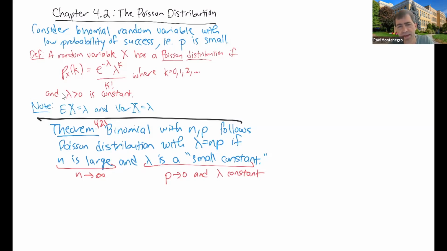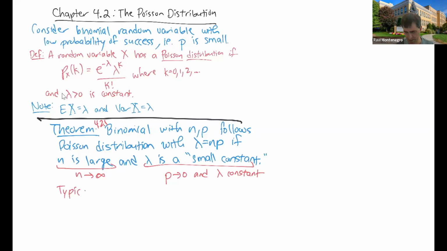That's somewhat vague, but roughly speaking, if n is more than 100 and lambda is less than 1, then you're probably doing okay. If n is much bigger than 100, it's going to be even better. And if lambda is much smaller than 1, that's even better too. If lambda is a small constant, like 2 or 3, instead of less than 1, it will still work, but the accuracy won't be as good.